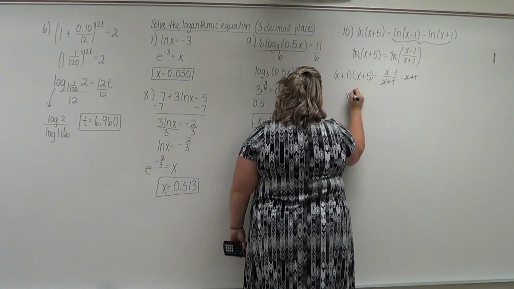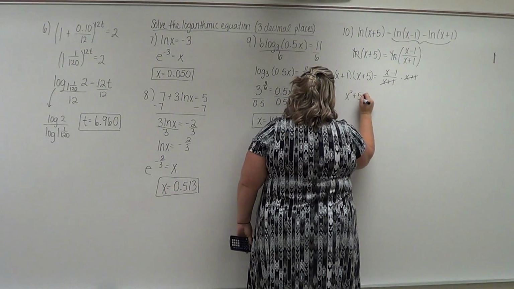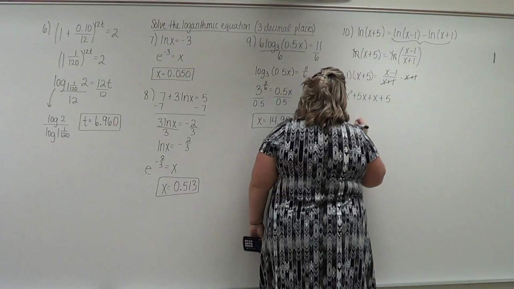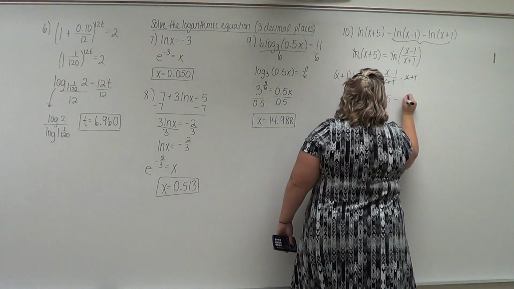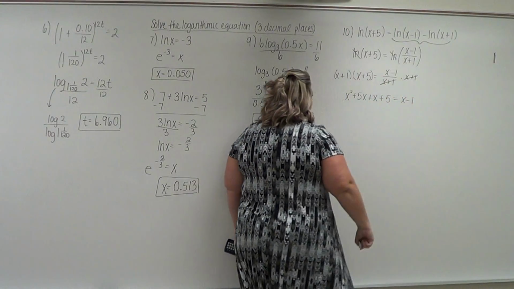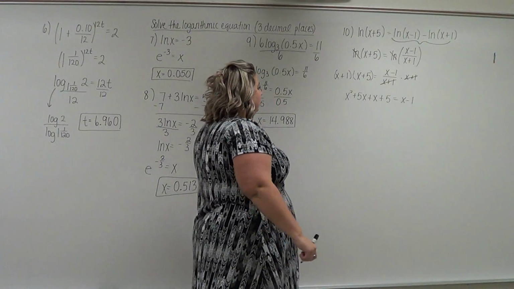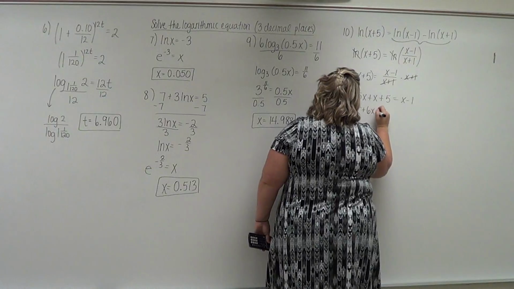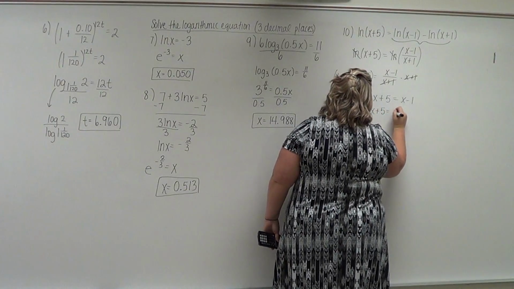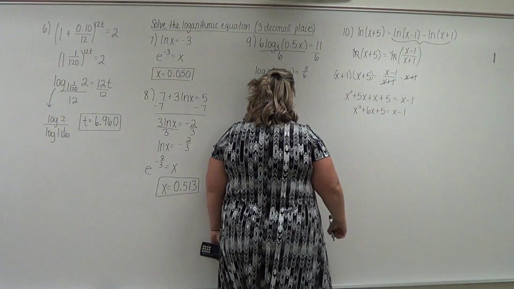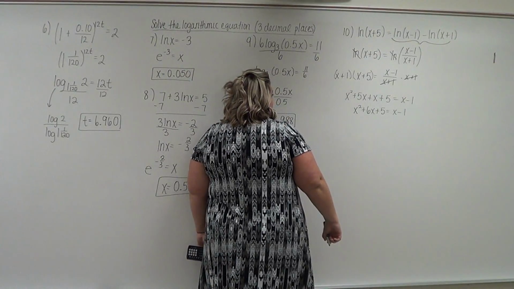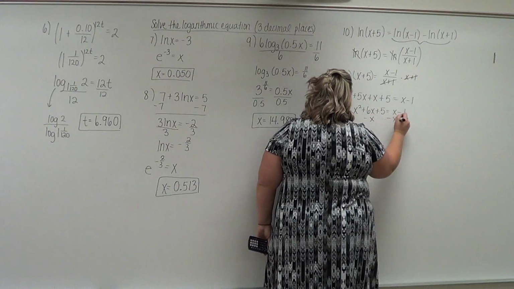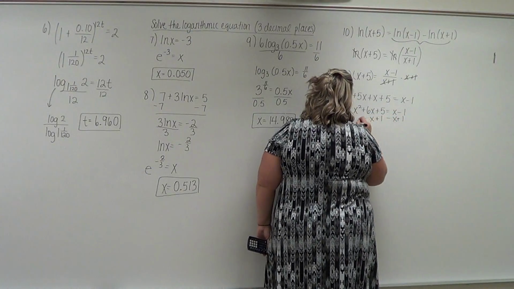So then I would have x squared plus 5x plus 1x plus 5 equals x minus 1. So this would be x squared plus 6x plus 5 equals x minus 1. Okay, get it equal to 0, so I would subtract x, and I would add 1.